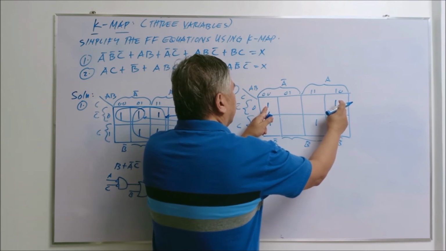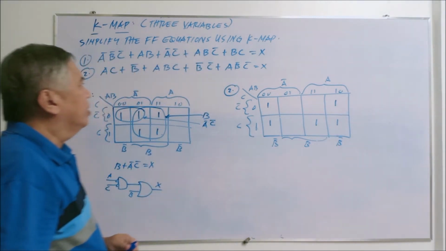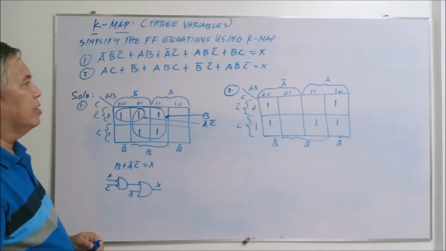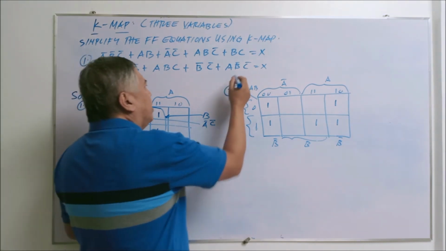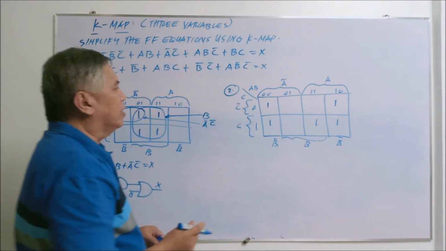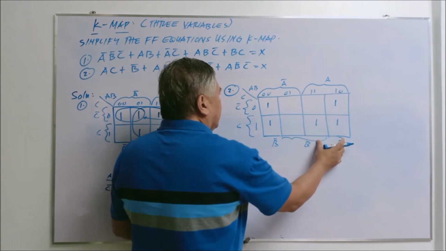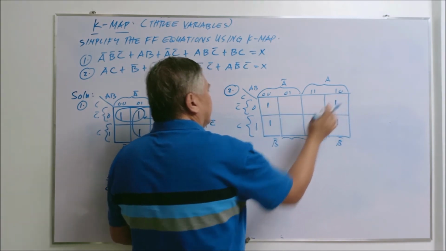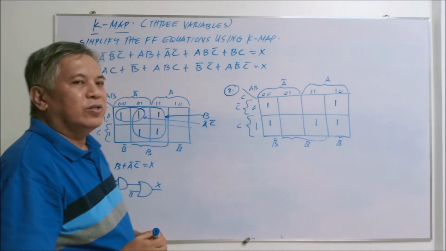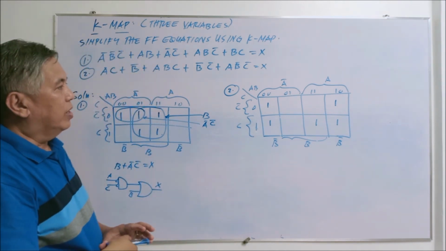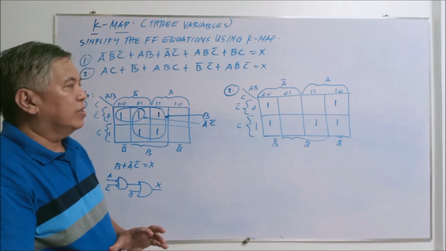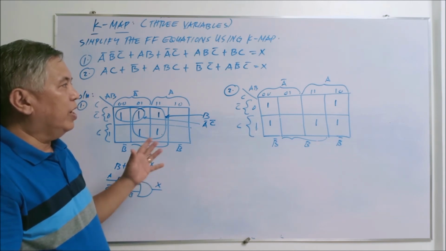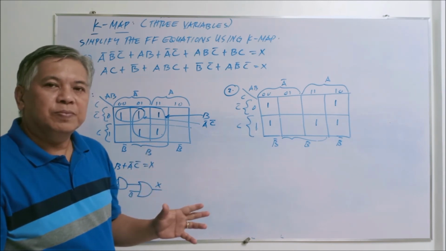So, there is already a 1 there, so no need to place it again. Then you have A, B bar, C bar. There. So, the 1 is already there, so no need to place another 1. So, again, we group them.